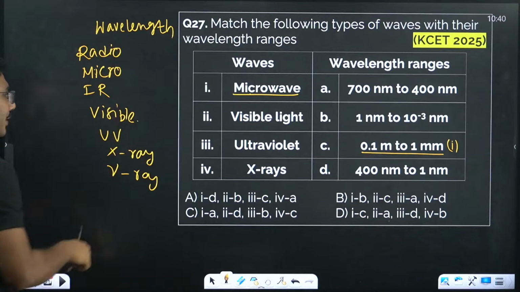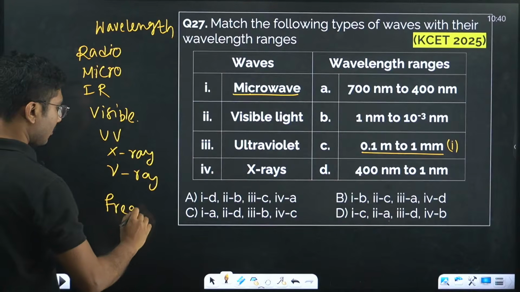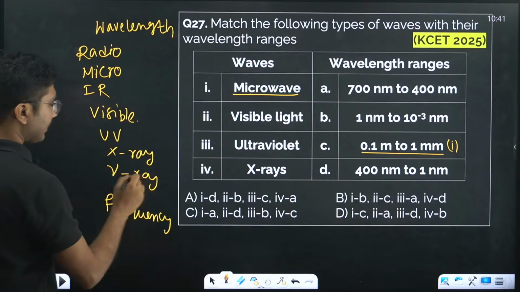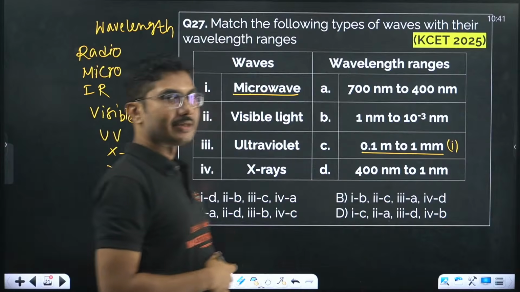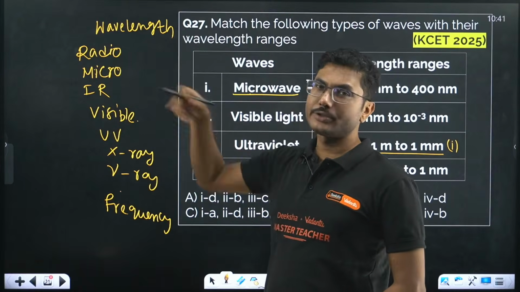As you go down, wavelength decreases, and for frequency, as you go up, frequency decreases. Highest frequency for gamma ray and lowest for radio.